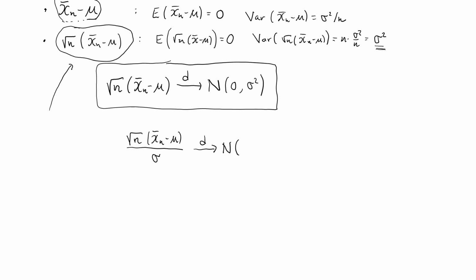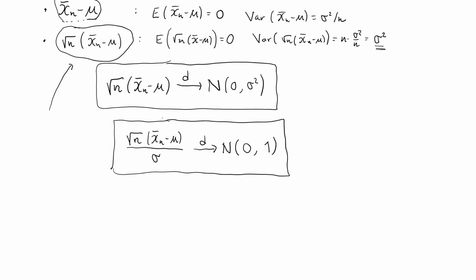The expected value will be the expected value of the numerator, which is 0. The variance will be the variance of the numerator divided by sigma square, so it will be sigma square over sigma square, which is 1. The sequence converges to a standard normal.